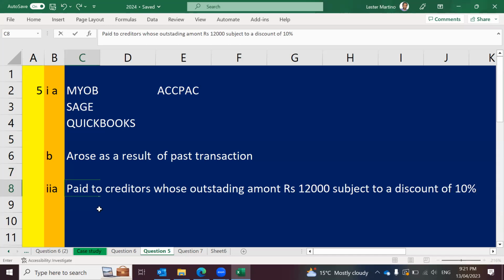Pay to creditors whose outstanding amount rupees 12,000 subject to a discount of 10%.